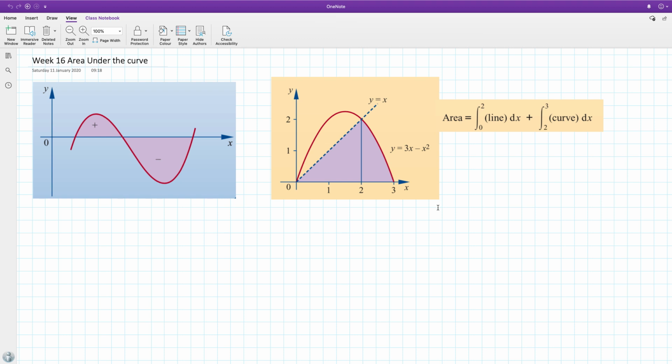Now, it's not always the x-axis, but I'll explain the situation and then when it's not the x-axis. These are all important little notes. Calculate the area between said line or curve and x-axis.